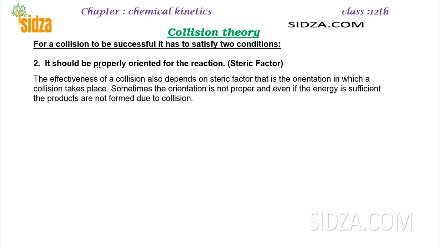Sometimes when the reactant molecules collide, they may have the sufficient amount of energy, the threshold energy, but still will not be able to form the product because the molecules may not possess the proper orientation at the time of collision. So even though the reactant molecules have energy equal to the threshold energy, the possibility is that they may not form the product because of the lack of orientation. So the second factor is that the reactants should have the proper orientation to form the product.